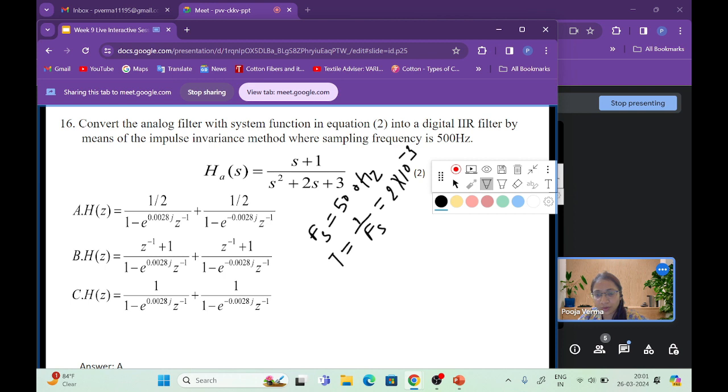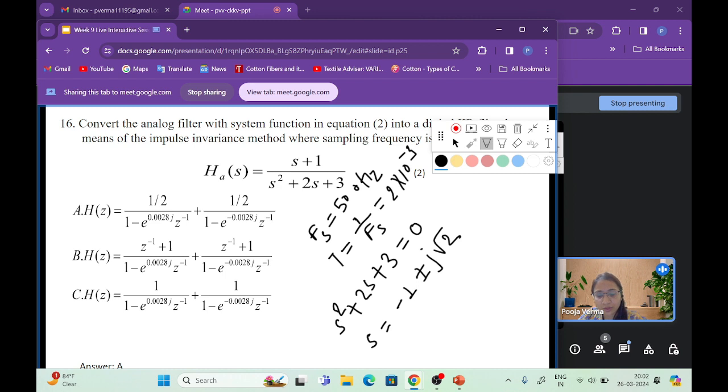First we need to find the poles, or the roots, of this transfer function. So first solve the denominator in order to find the poles. If you solve this, you will get S is equal to minus 1 plus minus j root 2.